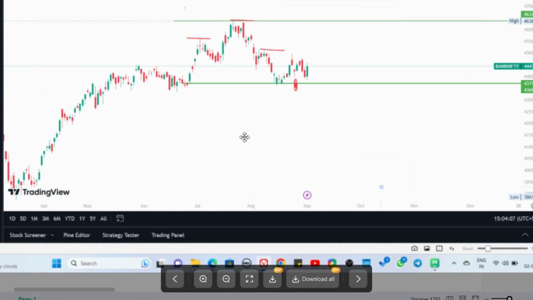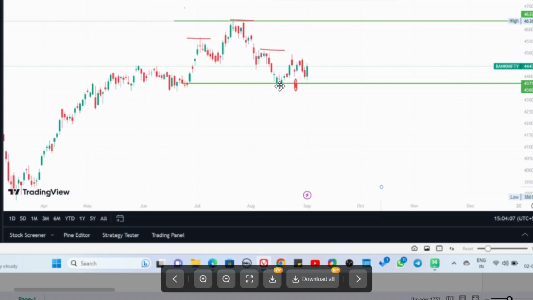I have recognized this pattern in the Bank Nifty. See, this is the pattern in the Bank Nifty. Even though it does not have 5 touch points here, this is considered a head and shoulders pattern. See here, this is the left shoulder, this is the head, and this is the right shoulder, and it is taking support here.